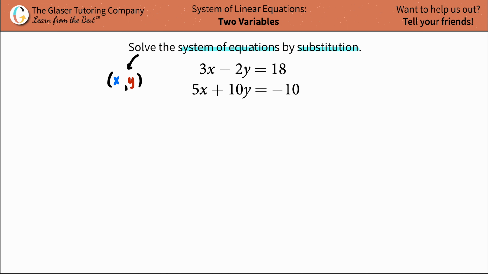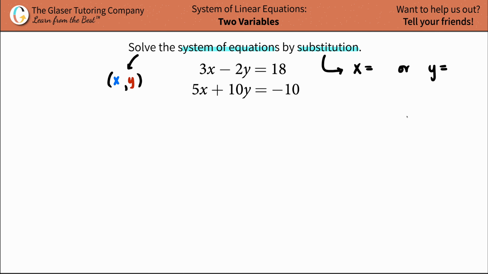Now we have to do the substitution method. The substitution method is one of the ways that you could solve a system of equations. What we have to do is turn one of these equations into either x equals, or y equals.